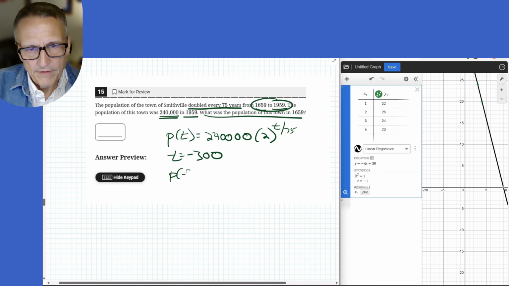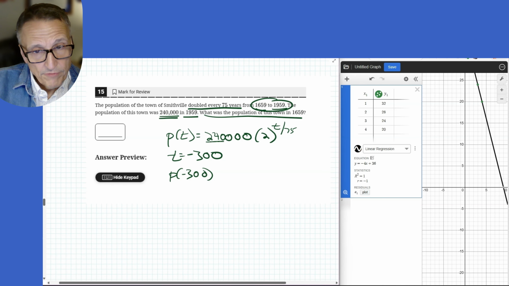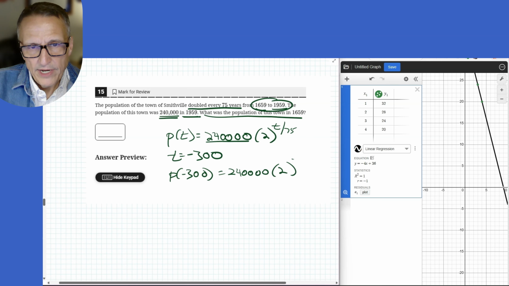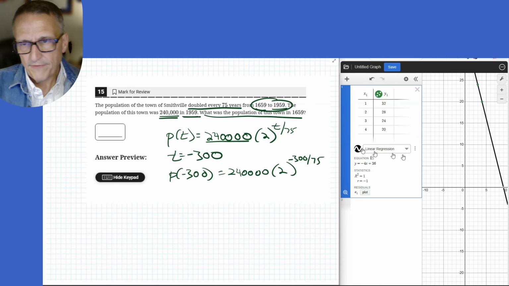I'm going to do p of negative 300 because that would be the year, right? This 240,000 was in the year 1959, but I need to go back 300 years. So it's going to be 240,000 times 2 raised to the negative 300 over 75.